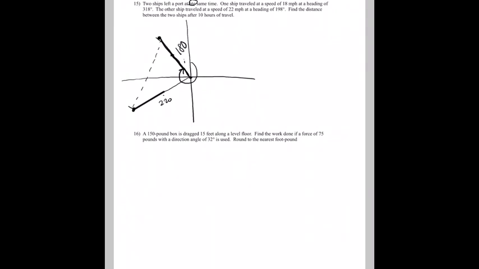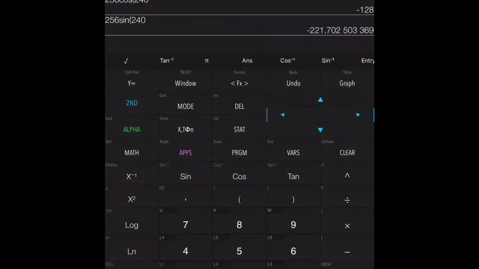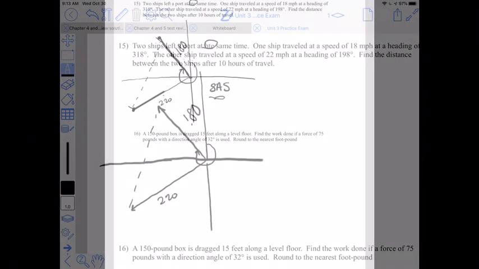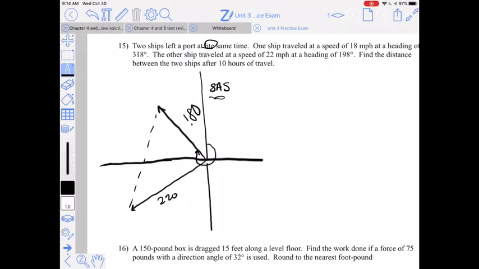So if we take away the 270 from 318, that leaves us with 48 degrees. Now this heading there, if you remember, was 198 degrees.